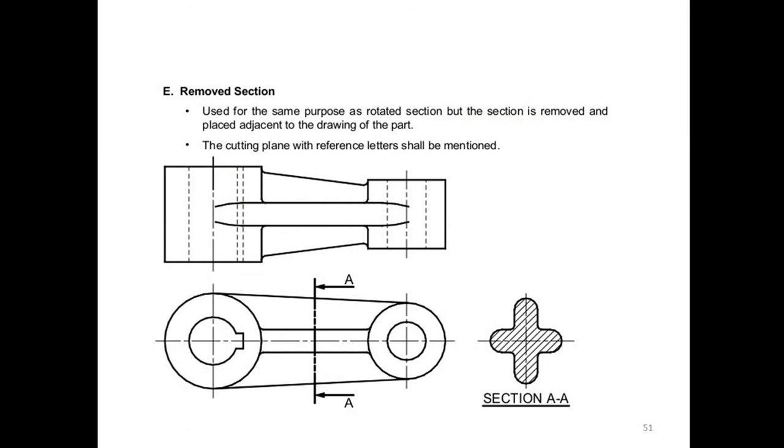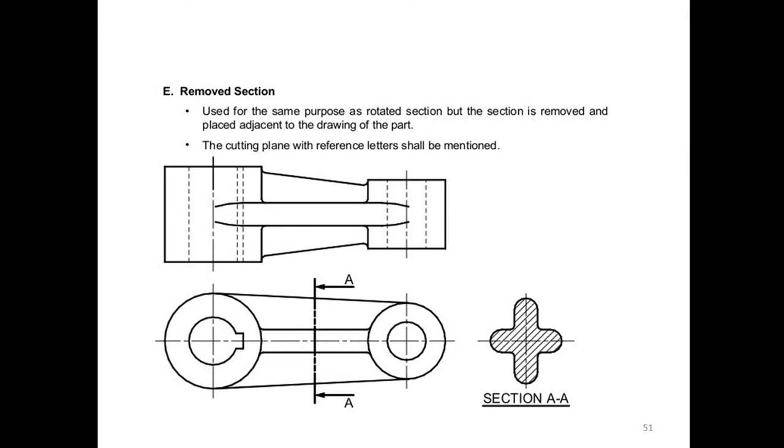Again, one example of a removed section: it is used for the same purpose as a rotated section, but the section is removed and placed adjacent to the drawing of the part. The cutting plane with reference letters shall be mentioned. Here, the cutting plane with letter A is mentioned. The front view and top view of the component are taken.